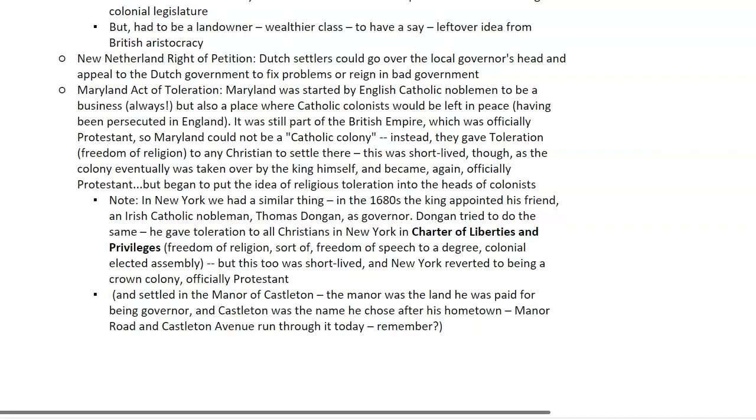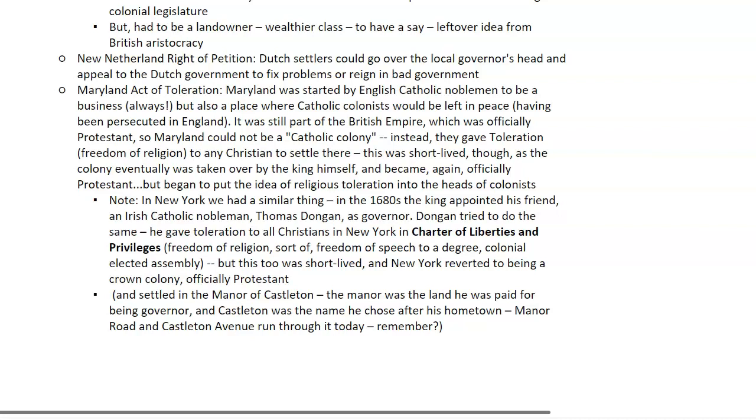I just point out, for no particular reason, Dongan also was given as his pay the northern half, more or less, of Staten Island, and builds a little hunting lodge here, if you know the North Shore, right near the intersection of Dongan Street, named for him, and Richmond Terrace. If you know where the Manor Road Post Office is on Victory Boulevard, just down the street on Manor Road, which is an ancient trail that ran through his manor, there's a small white house there that actually goes back to Dongan's day.